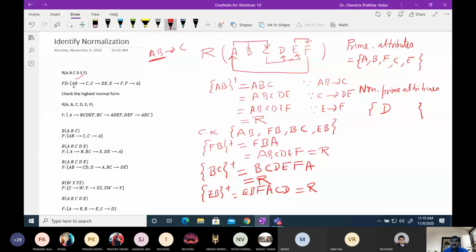If this functional dependency satisfies the constraint of BCNF, then obviously this FD will satisfy the constraints of third normal form. This FD will satisfy the constraint of second normal form also. And if it satisfies the constraint of second normal form, then it will automatically satisfy the constraint of first normal form. Did you get it?